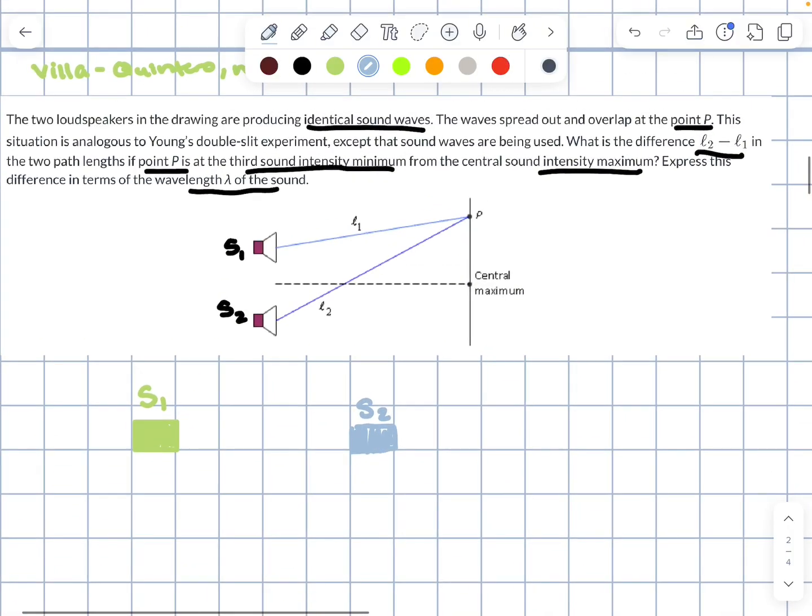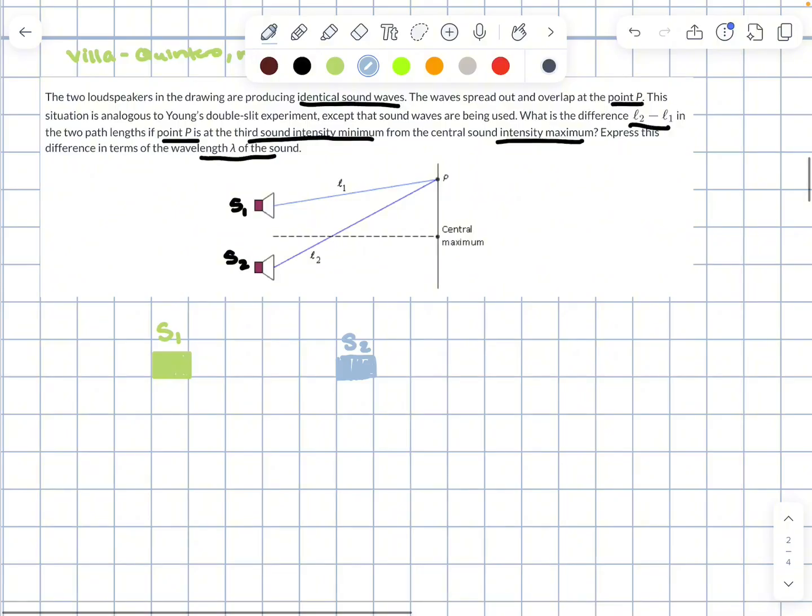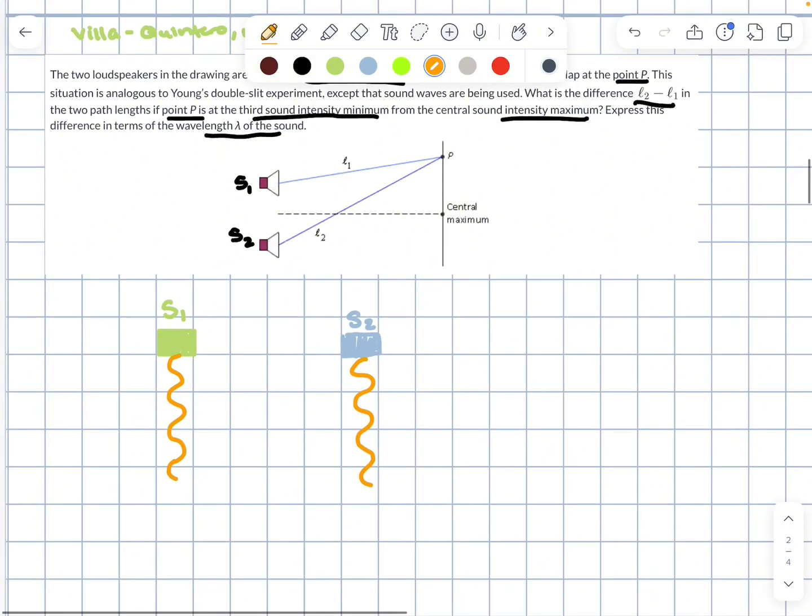They have identical sound waves. When I think of identical sound waves, I think they're the same, with the same pace, same length. And then the waves spread out and overlap at point P.